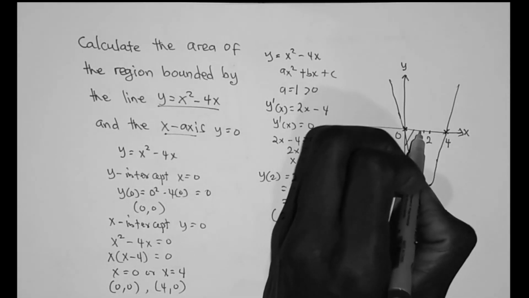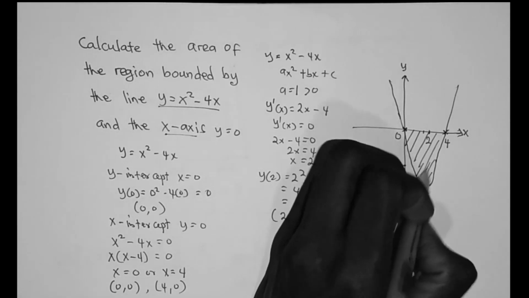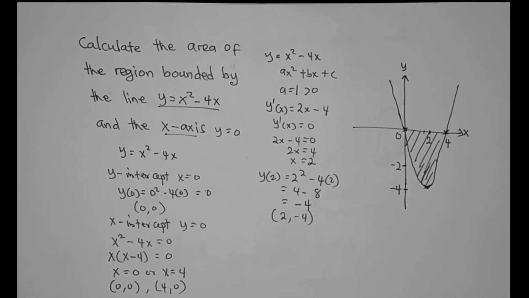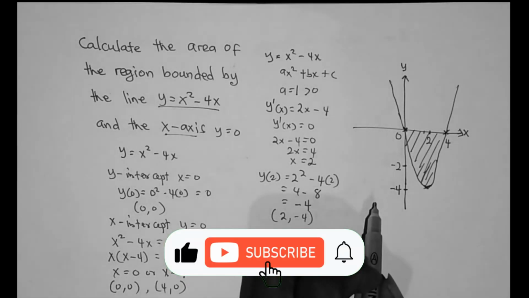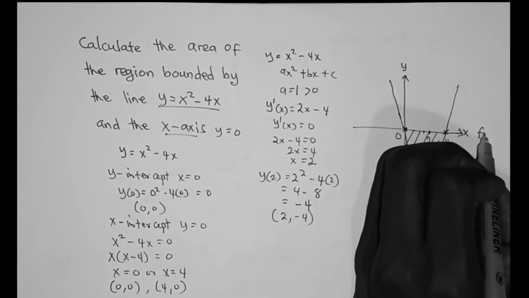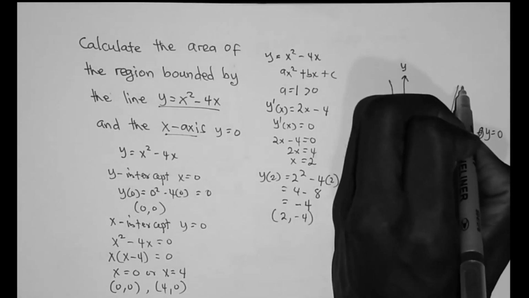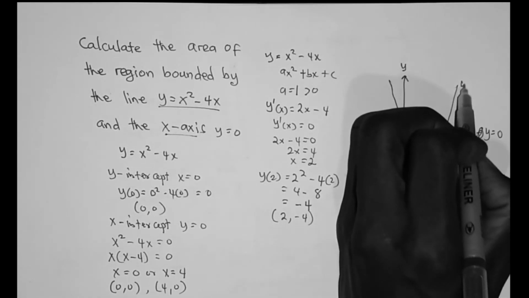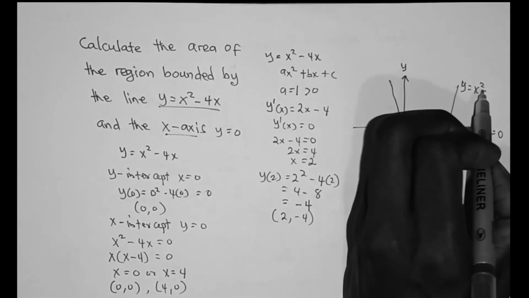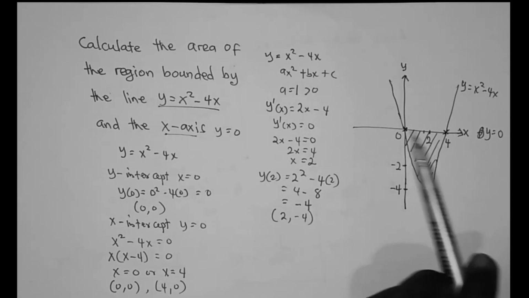So this is the region of space we are going to find the area for. You see that the function that is on top is y equals 0, and this is the function y equals x squared minus 4x.